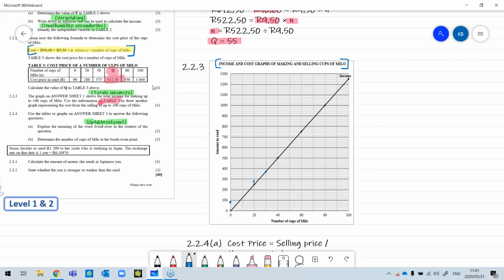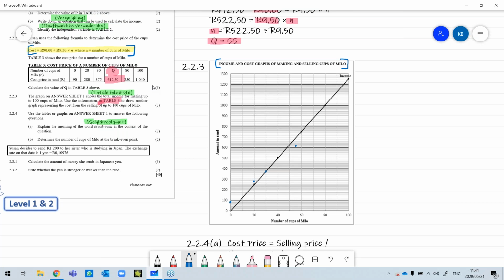For, let's say, 55 cups, which is going to fall more or less in the middle here. 55 cups is going to cost you 612, so it's going to be more or less there.